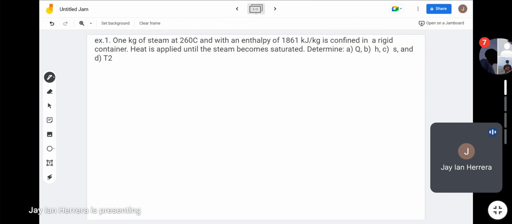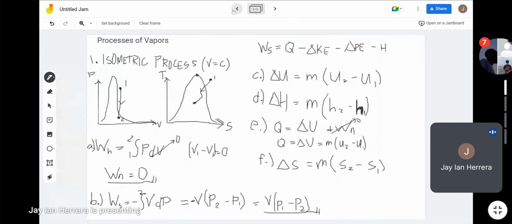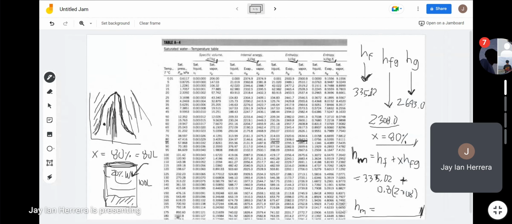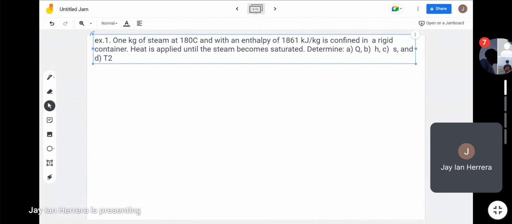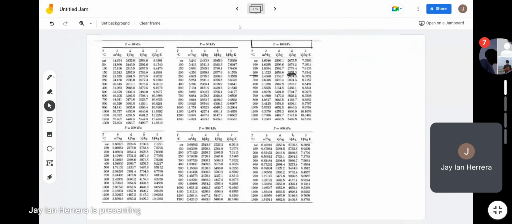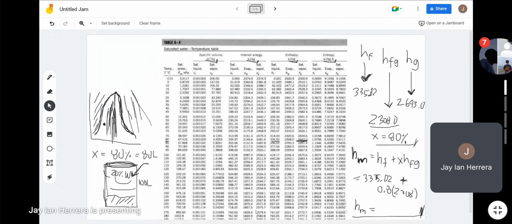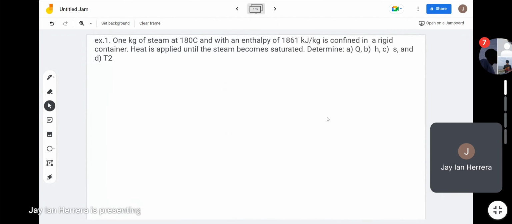Okay, so 1 kilogram of steam. We lower the temperature; we don't have a saturated value, so 180 degrees Celsius will do. So 1 kilogram of steam at 180 degrees Celsius and with an enthalpy of 1861 kilojoule per kilogram is confined in a rigid container.